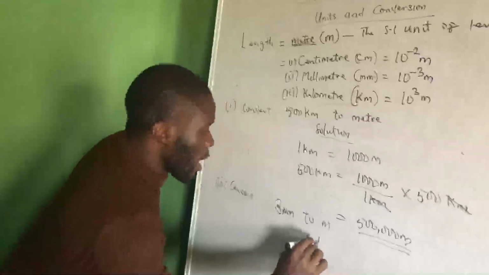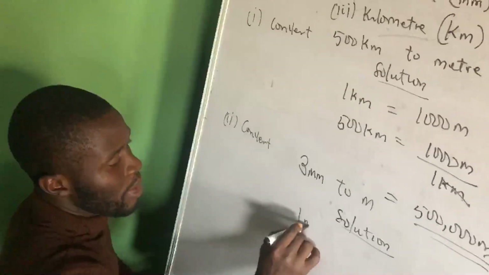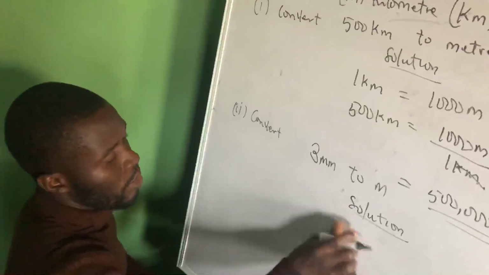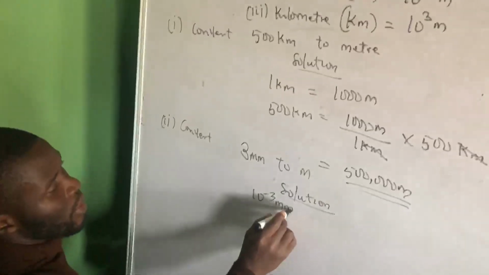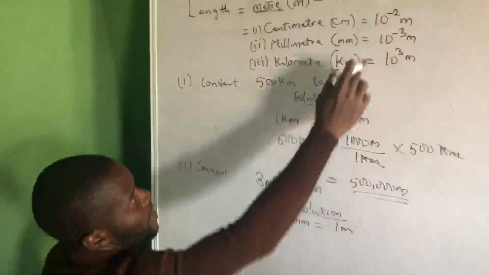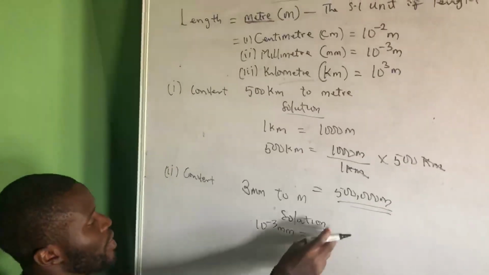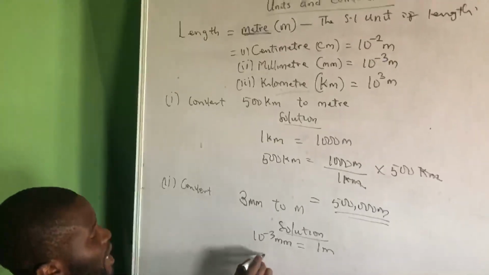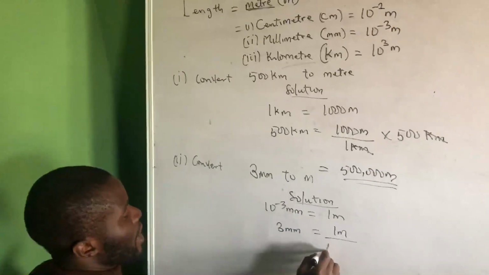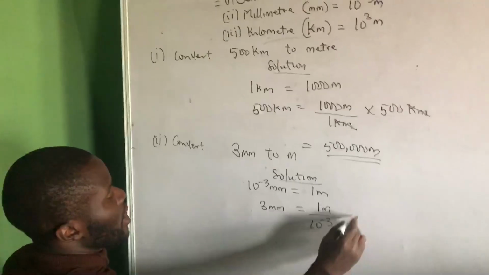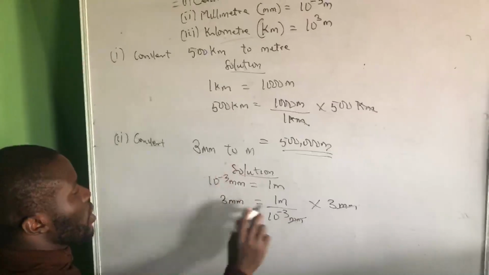We already know that 10 raised to power minus 3 meter is 1 millimeter. So it means that 3 millimeter will be 1 meter over 10 raised to power minus 3 millimeter times 3 millimeter. This cancels this, so we are left with the meter.